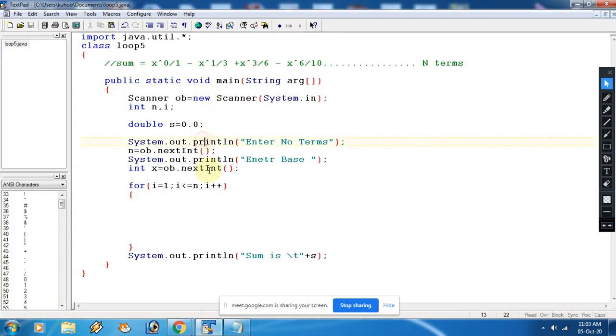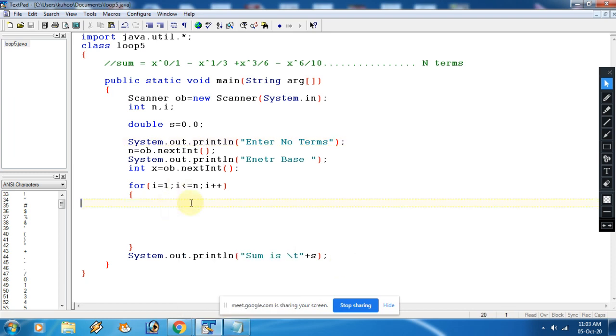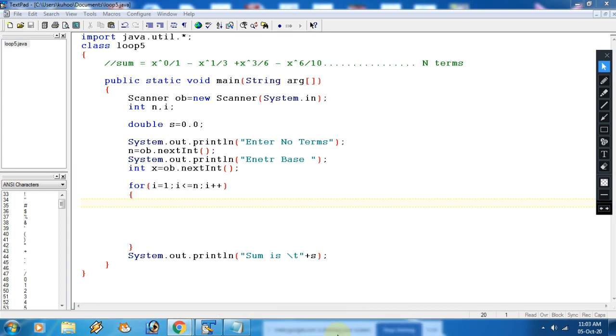Just relax. So is it visible my screen beta? Yes, sir. Is it visible now? Yes, sir. Okay. So class 9, yes, sir.